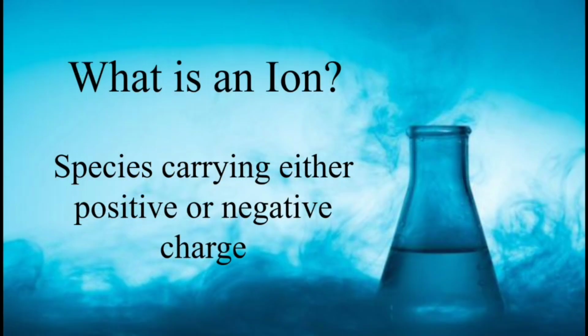Basically, an ion is a species carrying either a positive charge or a negative charge. We know that a neutral atom has no charge, but if there is a charge on that neutral atom, either positive or negative, then we can say that it's an ion.